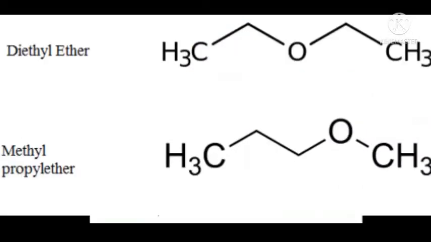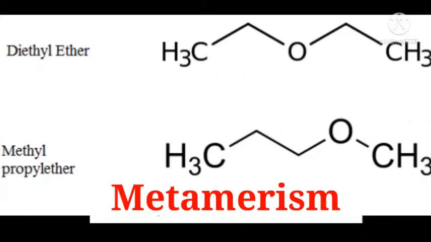Next is metamerism. This type of isomerism is due to unequal distribution of carbon atoms on either side of the functional group, or we can say such compounds are members of a homologous series. Here we have taken example of diethyl ether and methylpropyl ether. In the first case, on both sides of the functional group, two carbon atoms are there, or you can say ethyl group is there on either side of the functional group.